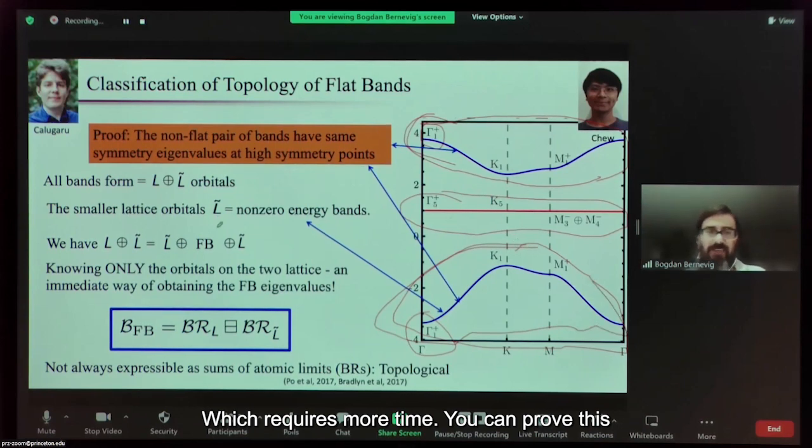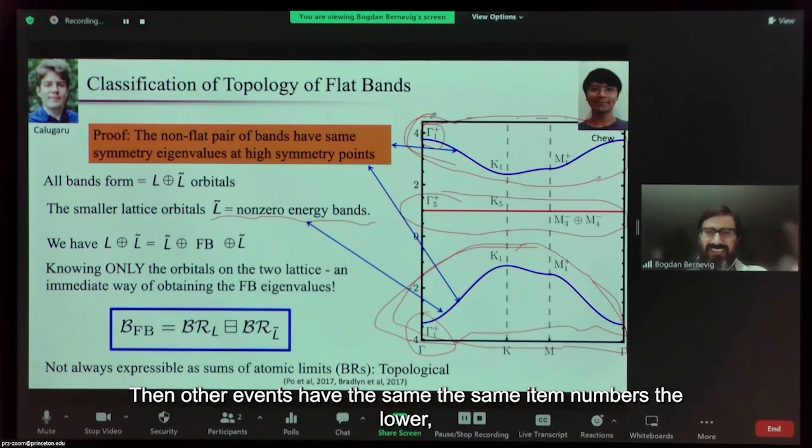And they have the same eigenvalues as those coming from the L tilde orbitals. For L tilde on the L tilde lattice, I have some orbitals. We can prove that these eigenvalues at high symmetry points are the same as if I took L tilde orbitals on the lattice, did the representation induction, did the representation subduction, and found the eigenvalues.